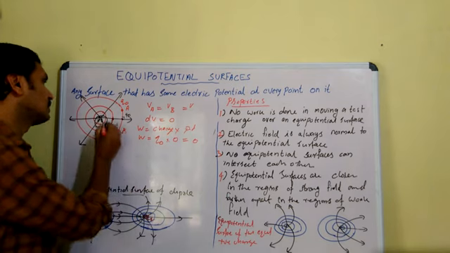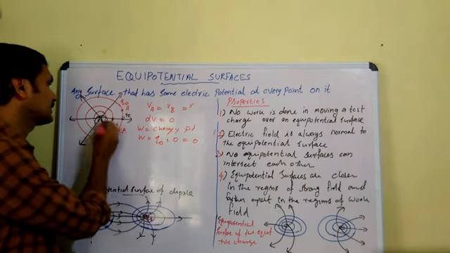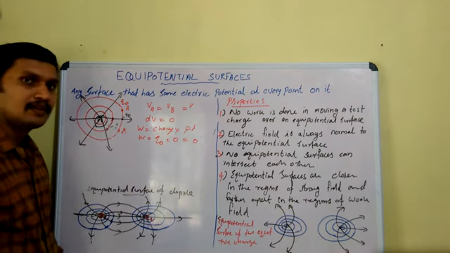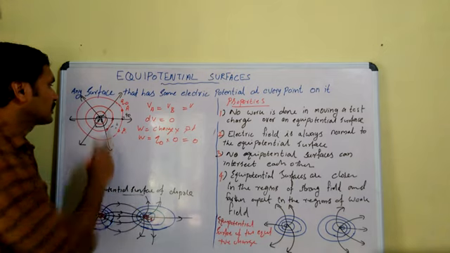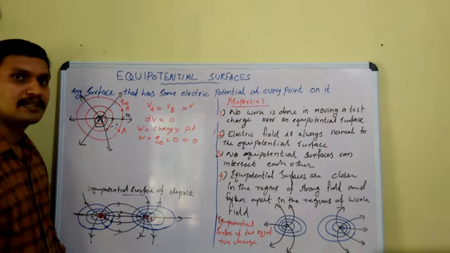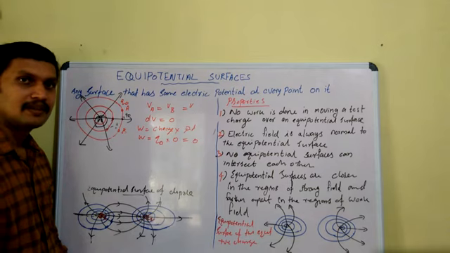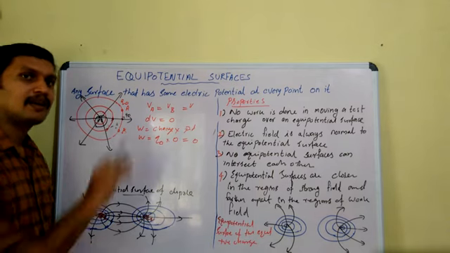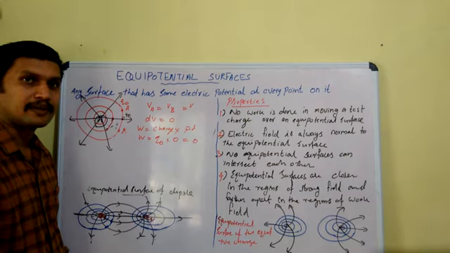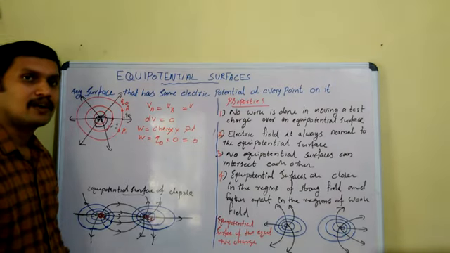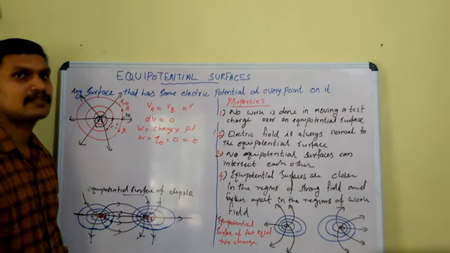If two equipotential surfaces intersect each other, there are two values of potential, and there are two directions for the electric field at that point. Or there are two values for electric potential, which is impossible.